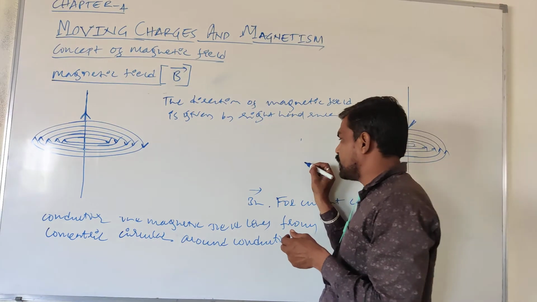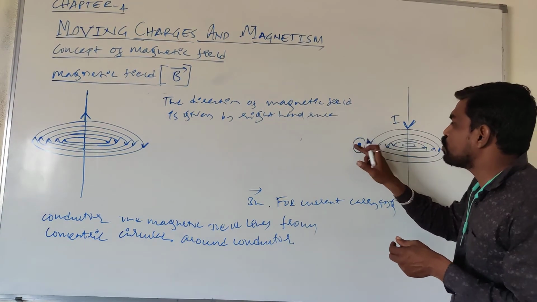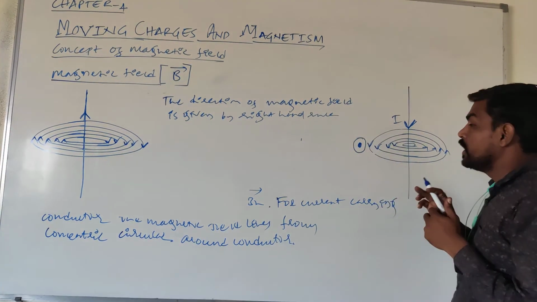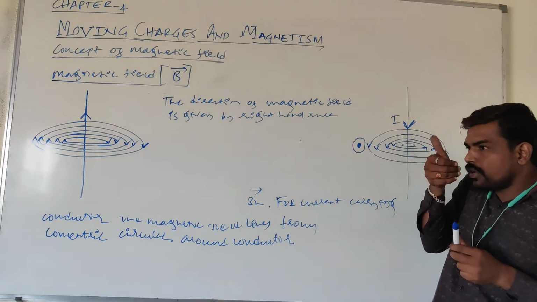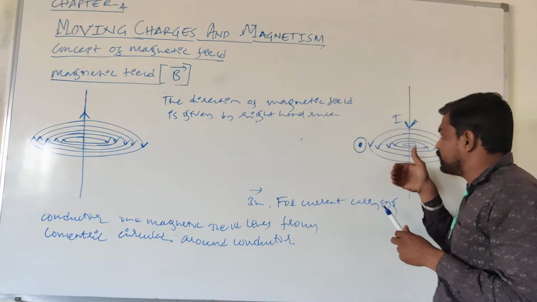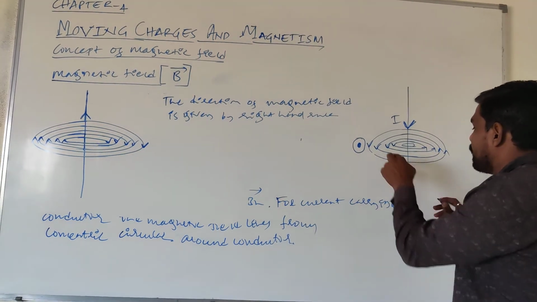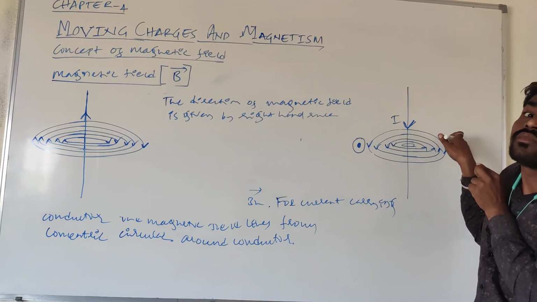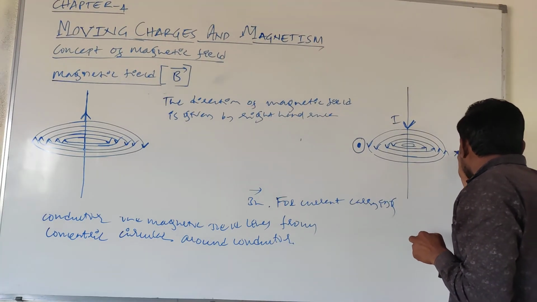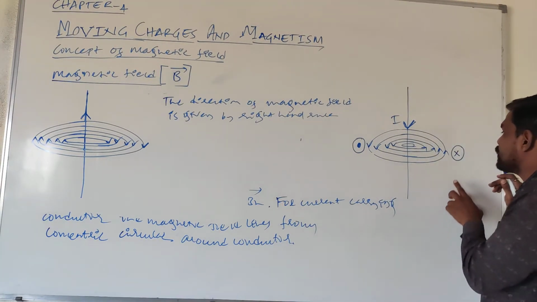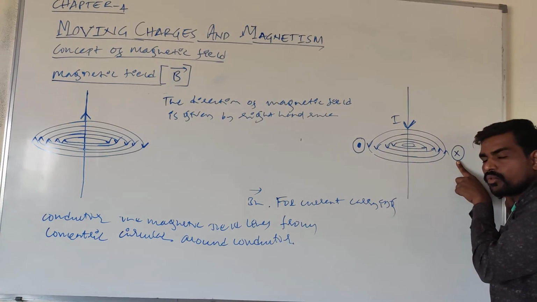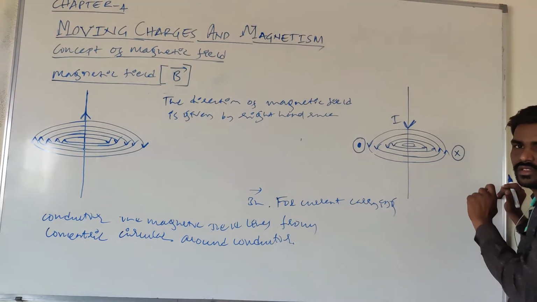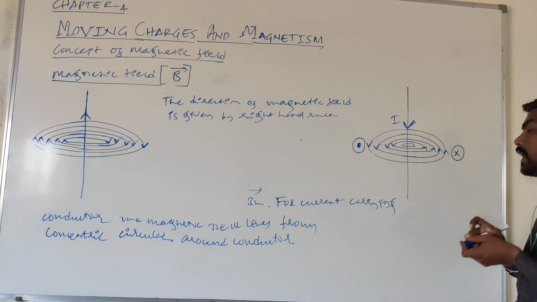If we look at the paper and come out of the paper, it shows a dot in a circle. You make a circle and put a dot inside the circle. This line is coming out of this paper. Now see, while going again into the blackboard, it shows the direction as a cross inside a circle, right? So this is the right hand rule.